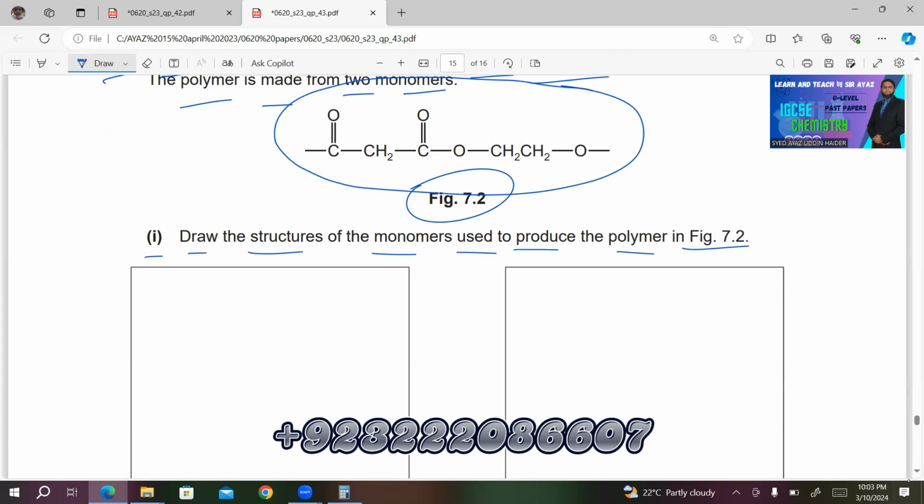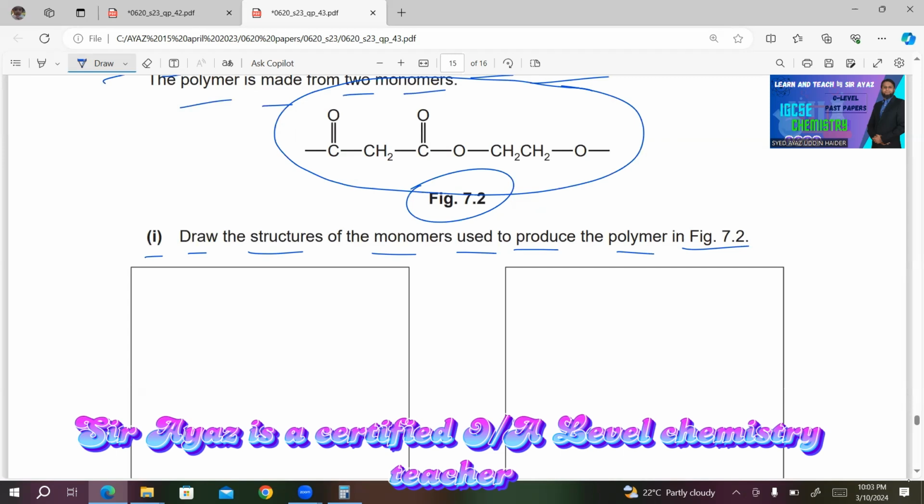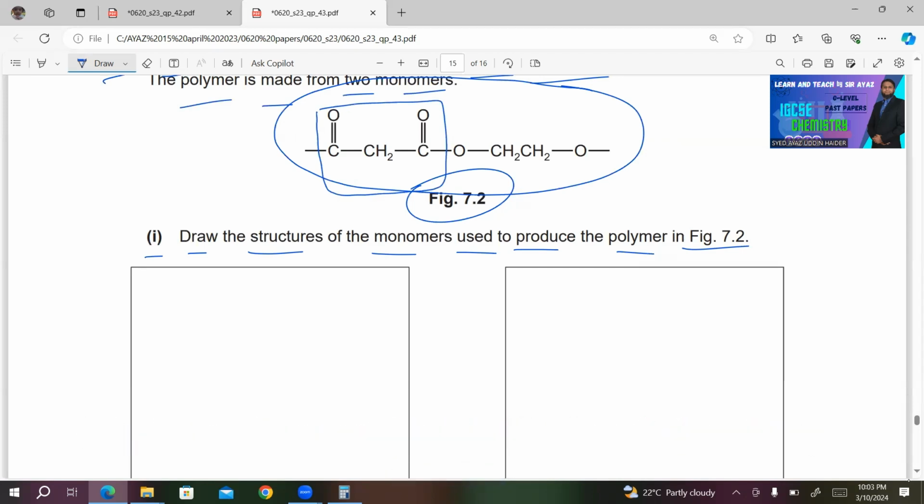So first of all, I have to pick the repeat unit for this one. If you look at the formula carefully, the repeat unit should be this one. This one will be one repeat unit and this one will be the second repeat unit.